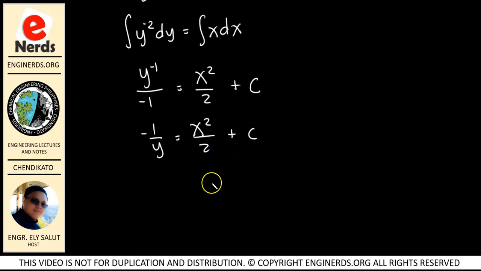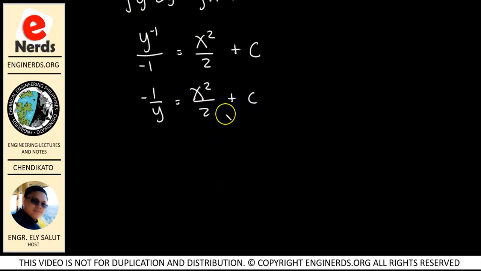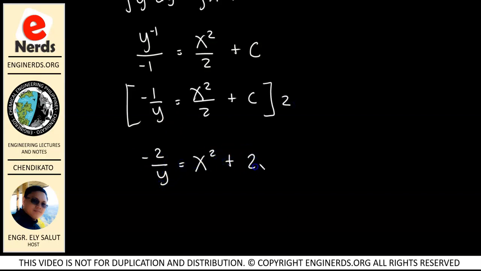Right, so I would like to remove itong ating denominator na 2 dito sa ating equation. So I will multiply itong ating equation by 2. Okay, so I will have negative 2 over y is equal to x squared plus 2c. But this is just a constant, minultiply lang natin sa 2 yung ating arbitrary constant.